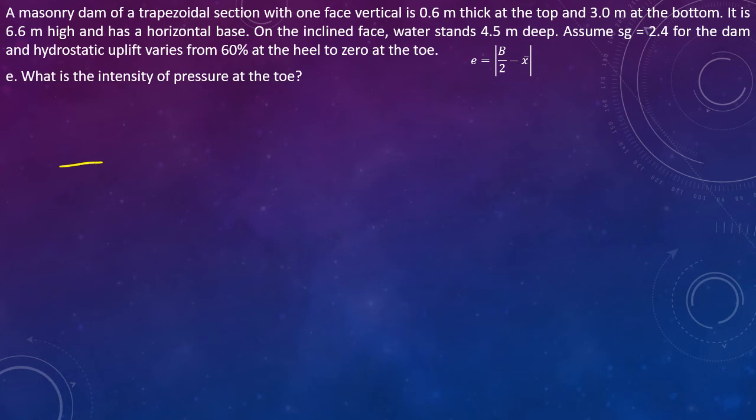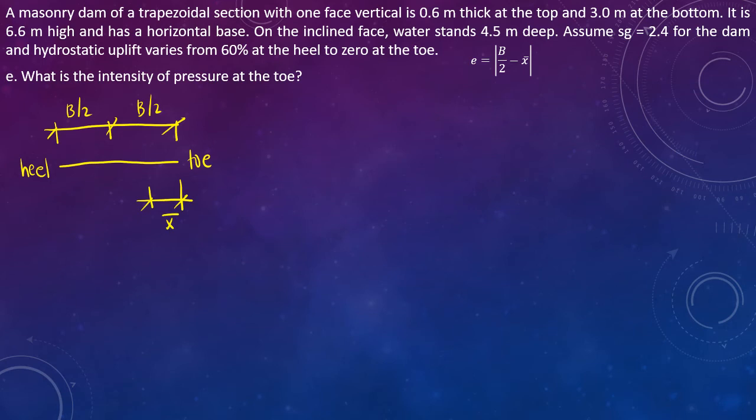So if we have the base of the dam and divide it into 2, so that we have b over 2, b over 2. This is the toe based from the problem, and this is the heel. For the first case, we have x bar, which is the location of your Ry from the toe, less than b over 2.